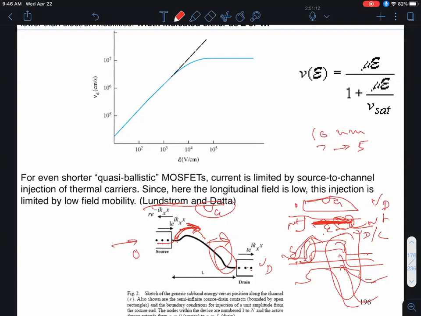And actually, prior to that, it was discovered in Japan by a guy called Natori. Okay, so it's known as the Natori-Lundstrom theory. So for state-of-the-art nanoscale MOSFETs, the drain current is limited by how quickly you can supply carriers from the source to the channel, okay? Not the saturation drift velocity over here.